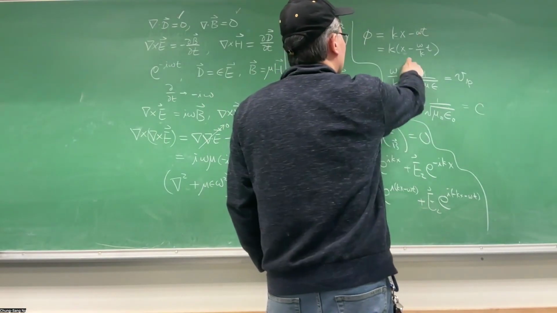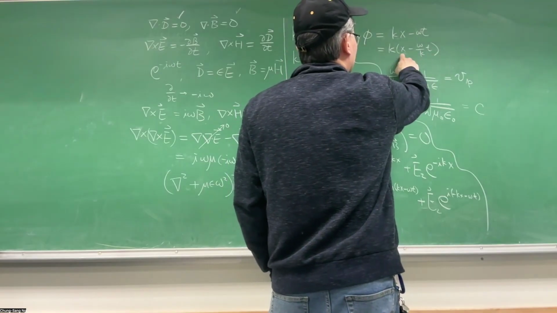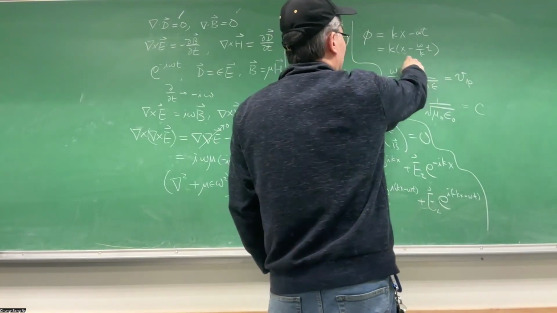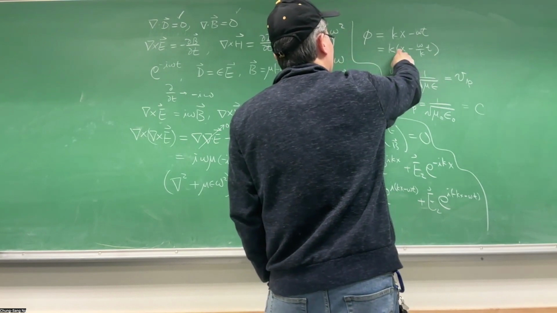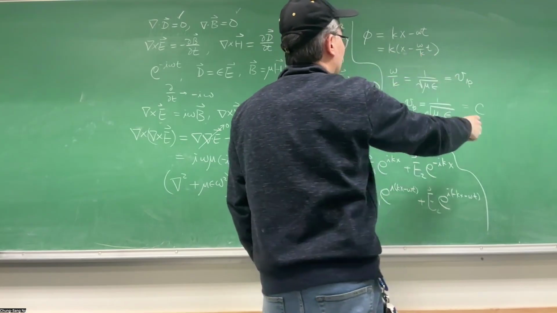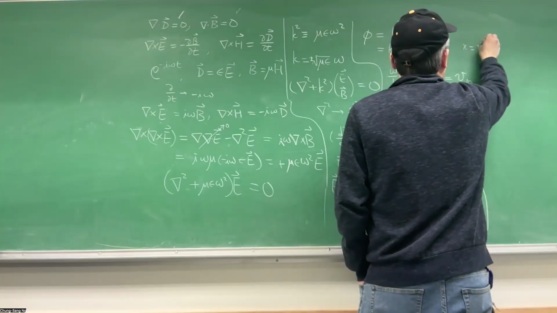This also means that x is going forward in time with this speed. So the wave is propagating in the forward direction. So basically, if you want to keep the phase the same, x equals omega over k times t, or x equals this root.